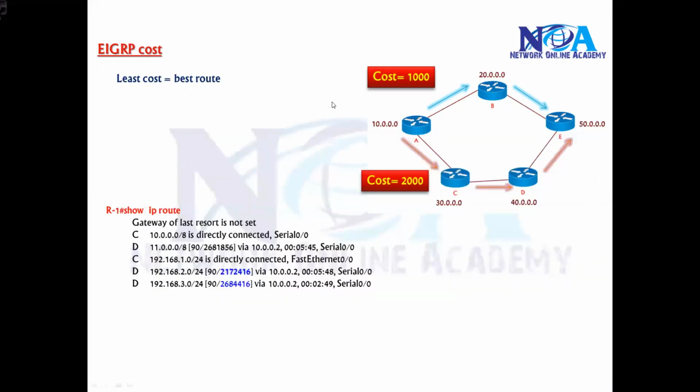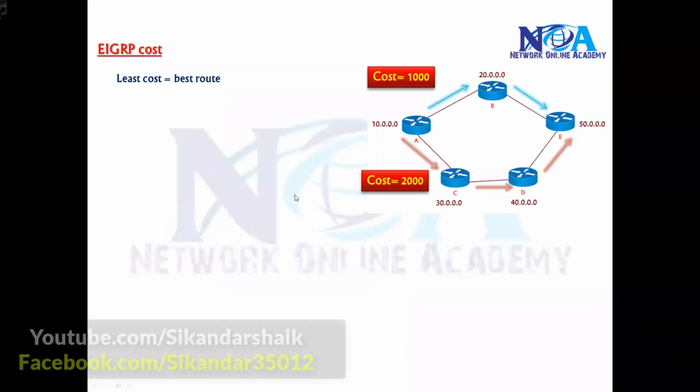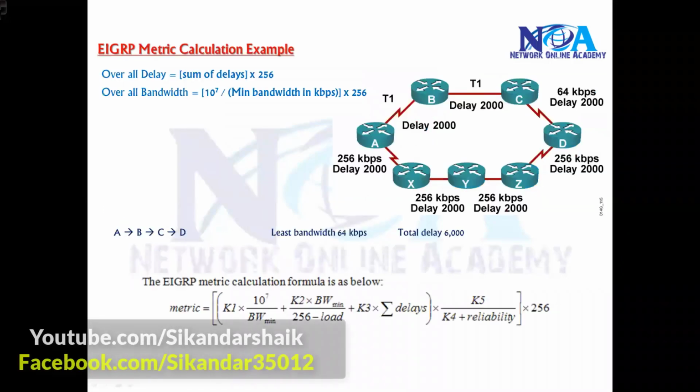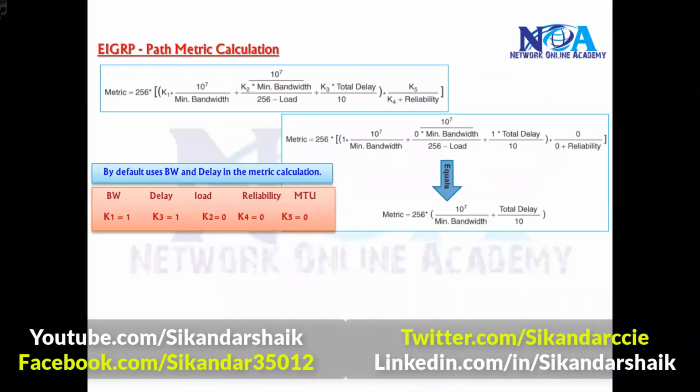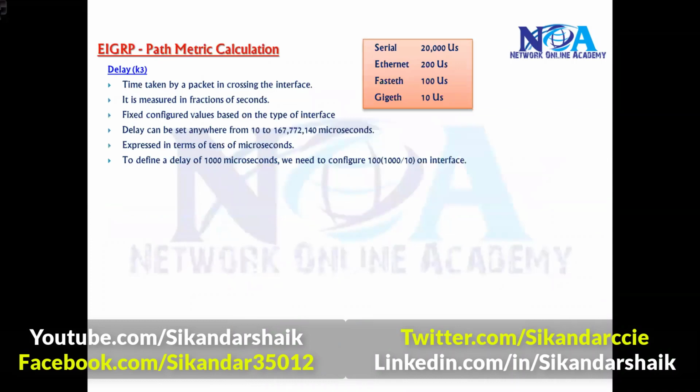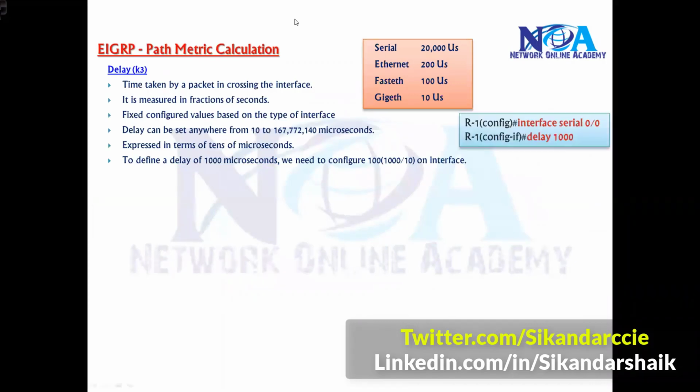So these are the two values which you can change if you want to change the cost values. But normally we decide based on the bandwidth. For delay, most of the time you prefer to go with the default delay values. And for the bandwidth, you always want to change it as per the interface bandwidth provided by the service provider, especially on the WAN links.